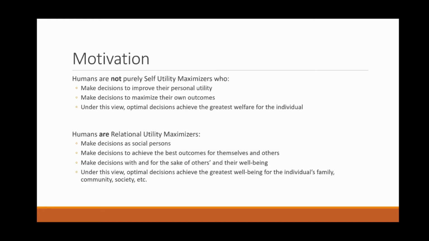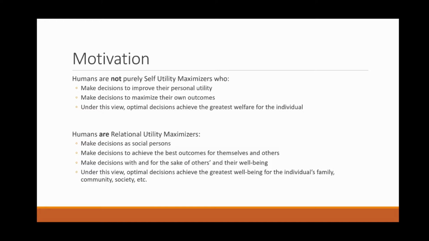Now, people might vary in terms of how much they make decisions based on or with reference to the world around them versus just reference to themselves. But the more that we take into account the consequences of our decisions for ourselves and for others, and the more that we make decisions in collaboration with others, the more efficient our decisions will be.